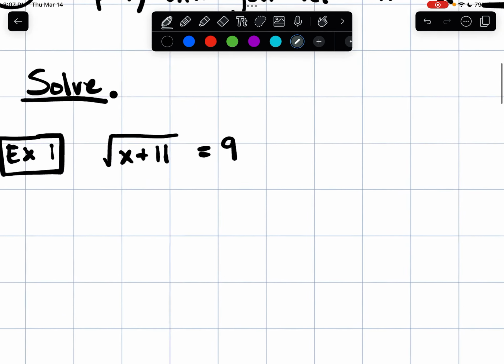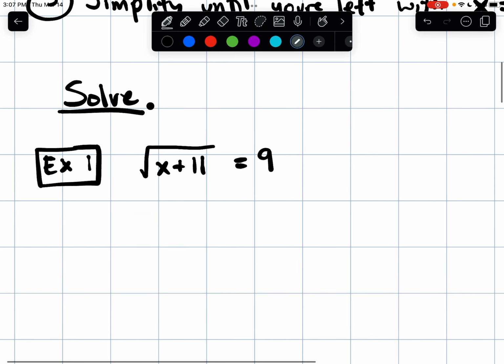For this first example, we have the square root of x plus 11 equals 9. I see that the square root is already isolated. There's nothing else on this side, like a plus 3 or anything like that. And because we have a square root, I need to square both sides.